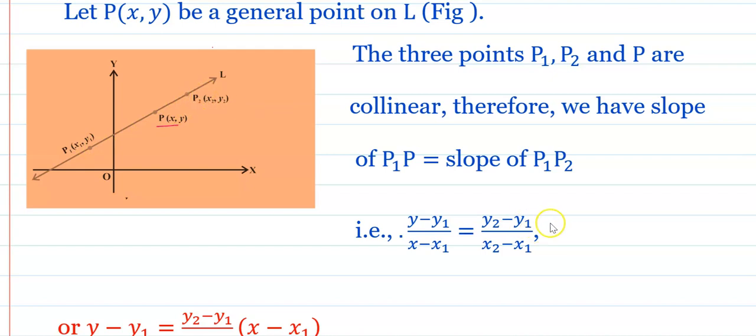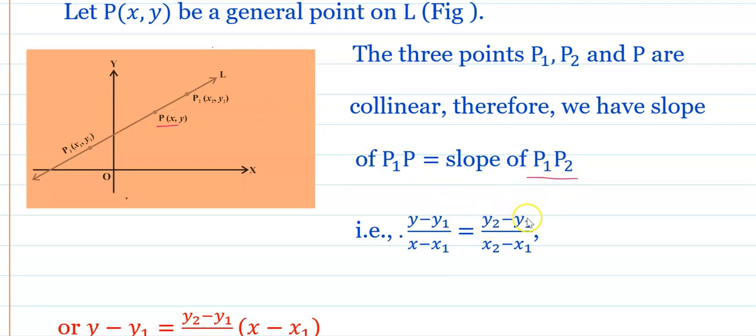Here the slope of P1P is y minus y1 upon x minus x1, and when we find out the slope of P1P2, we will get a number. x1, y1 and x2, y2 are the given points. We know the values of x1, y1 and x2, y2, and that's why we are taking the slope of P1P2.